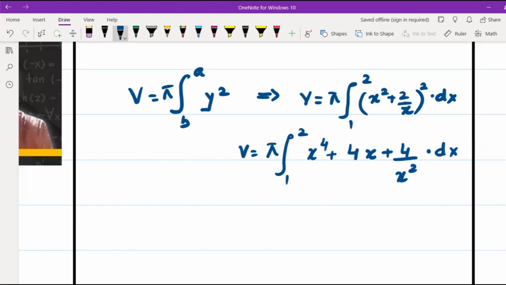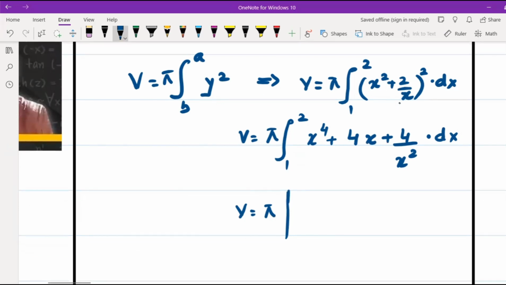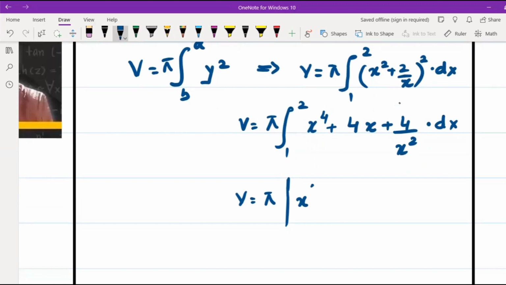Now, integrating this should be volume. We'll be obviously, when integrated, looking forward for the modulus sign. This should be x to the power 5 upon 5 plus 4x square upon 2. Now, obviously, 4 upon x square, since it will go in the numerator, will be written as 4x to the power negative 2.